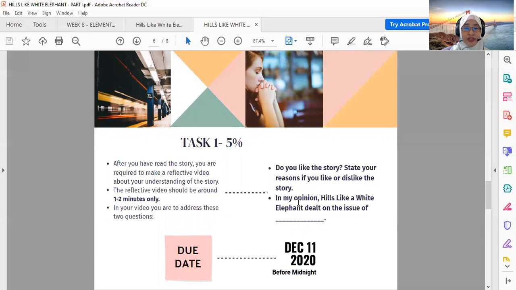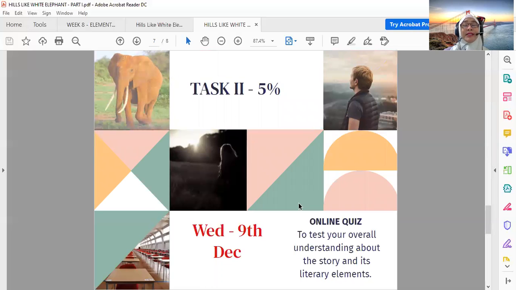Task 2 that you have to do pertaining to this short story is tomorrow, which carries another 5 percent, in which you are to take an online quiz to test your overall understanding about the story and its literary elements. I will give you the link to the online quiz through our WhatsApp group for you to complete.